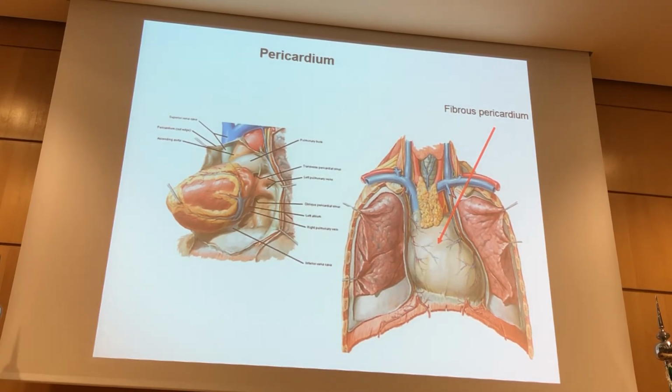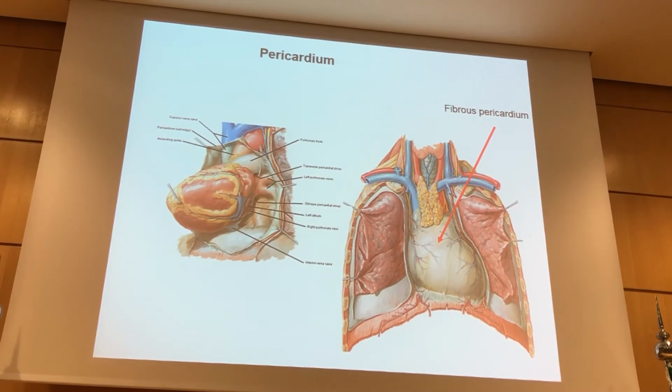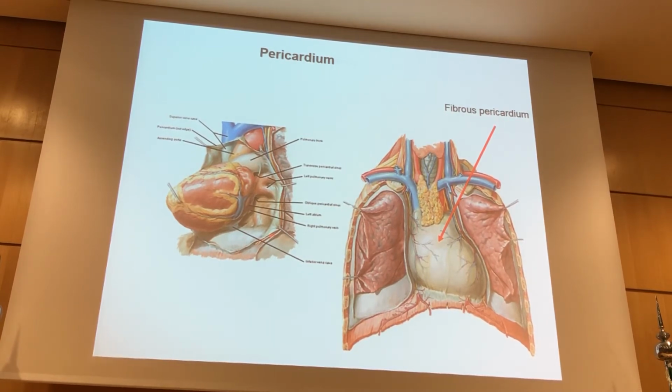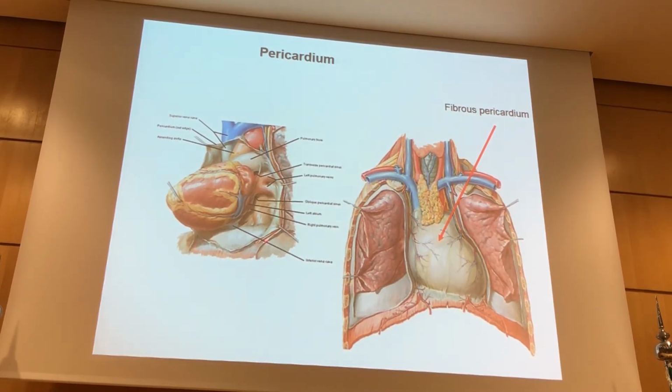The visceral is fairly adherent and attached to the muscular layer. You cannot peel it off. So this shiny layer is the visceral pericardium surrounding the heart. Clinicians call that the epicardium. And on the inside is the parietal, and on the outside is the fibrous.